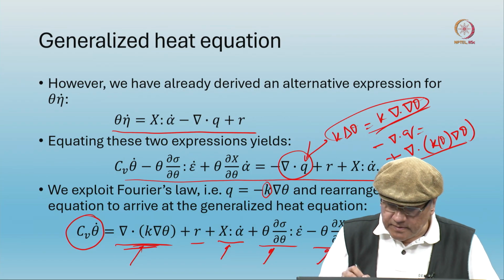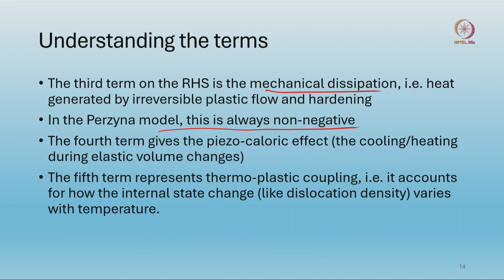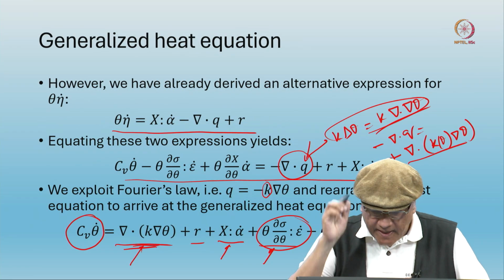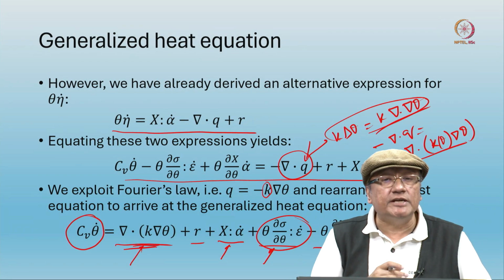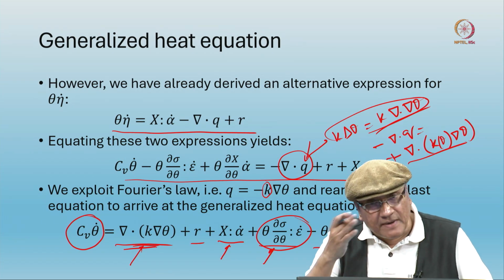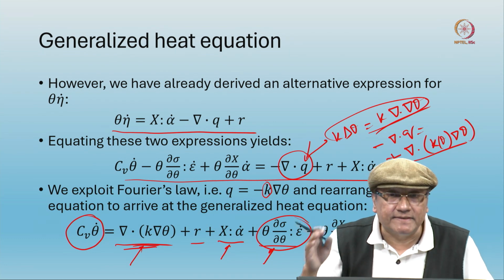The fourth term is this. This term is basically called the piezo-caloric effect. You see that what is actually happening through this term is that as sigma is changing, temperature is getting affected.